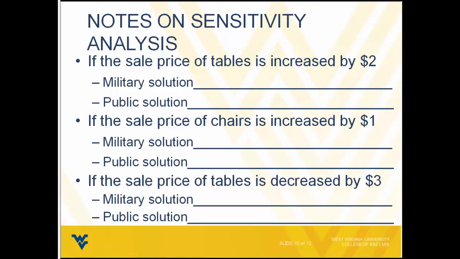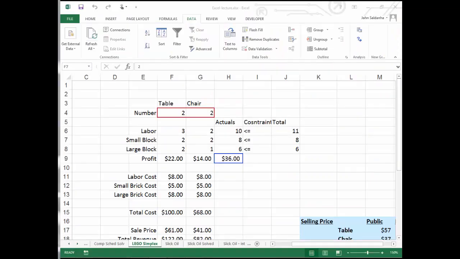So for the sale price of tables, we have a couple of minutes, we can do one or two of them. The sale price of tables is increased by $2. How much does the military solution and the public solution change? In other words, we have to go in and set it up: the sale price for tables goes up by $2, so this changes to 24.